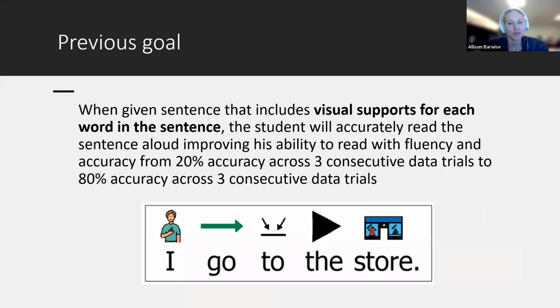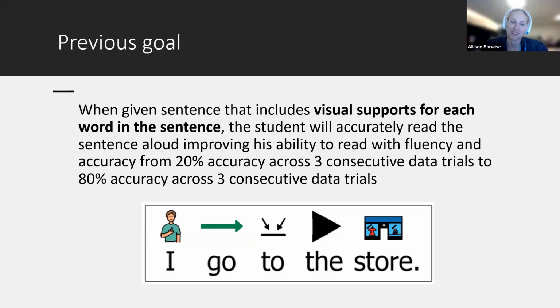And this previous goal didn't really consider how verbal speech may be difficult for the student, and that he didn't really demonstrate the skills of being able to read those words independently, even with sight words. So he's really needing to learn the symbol for each word without that support, and having a significant cognitive load.